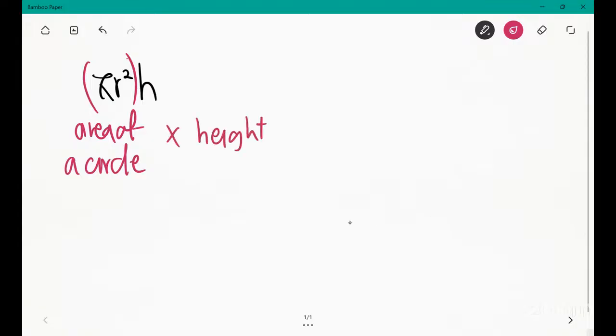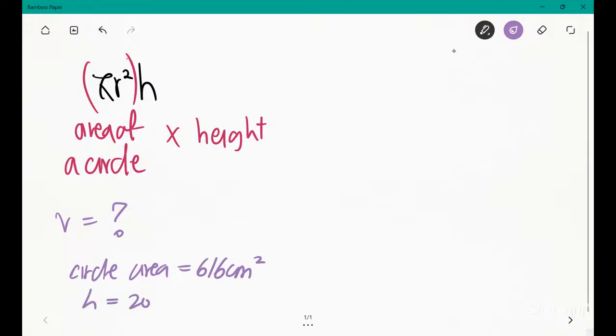Now the question is, find the radius. Question mark is for radius. If they have given you that the circle area is equals to 616 centimeters square, and they have just given you the height, which is 20.